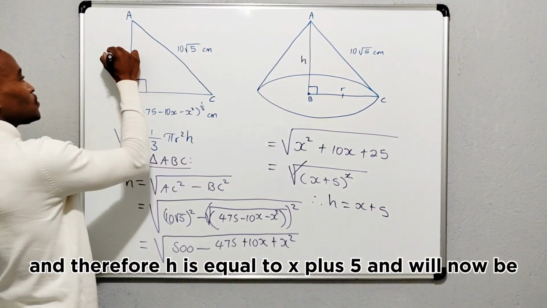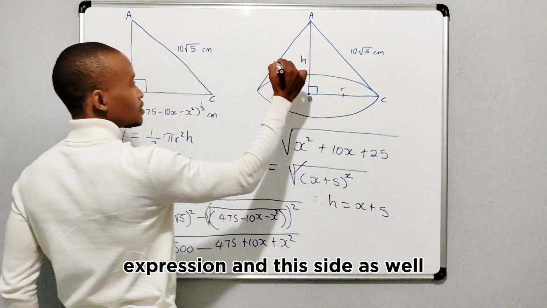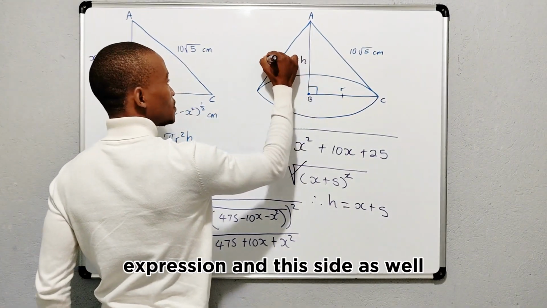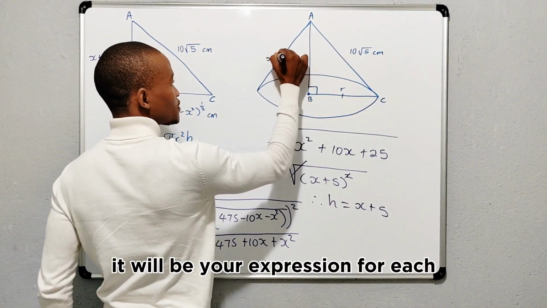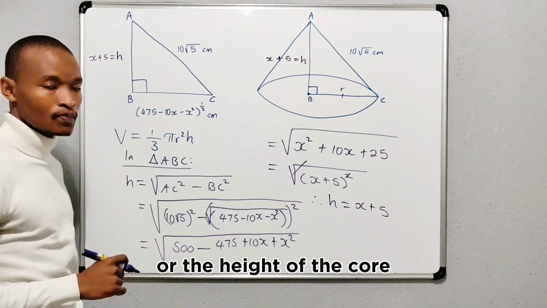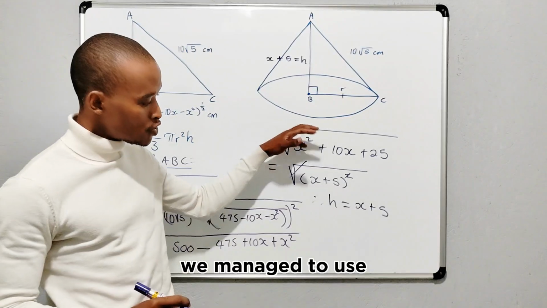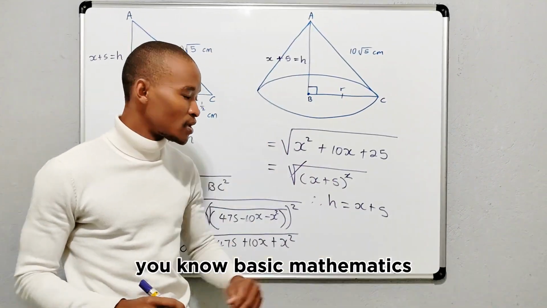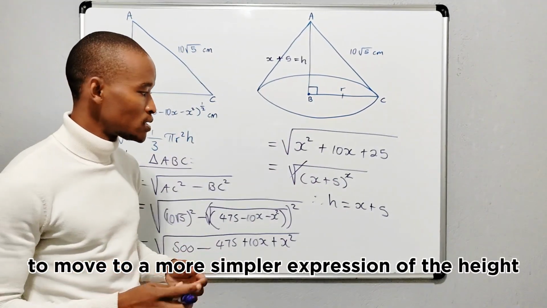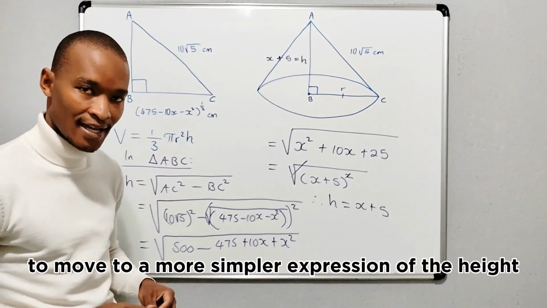Okay, this will now be your expression for h, the height of the cone. So from a complex situation, we managed to use basic mathematics to move to a simpler expression of the height.